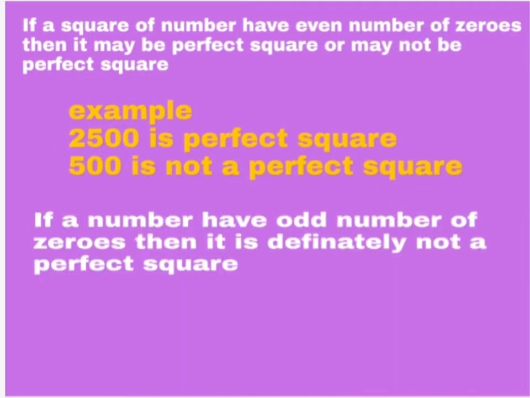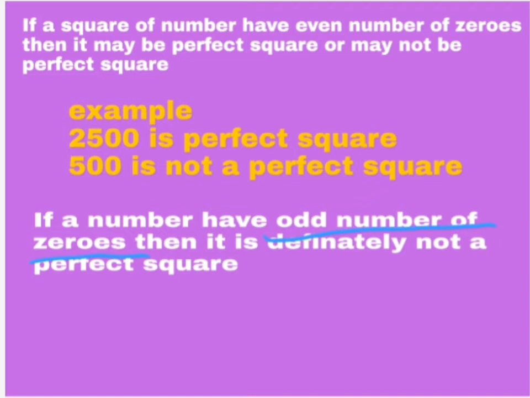Okay, next is if a number has an odd number of zeros. Odd number of zeros means you have 1 zero, 3 zeros, 5 zeros, 7 zeros, 9 zeros, like that, after finding the square of any number, then it is definitely not a perfect square number.